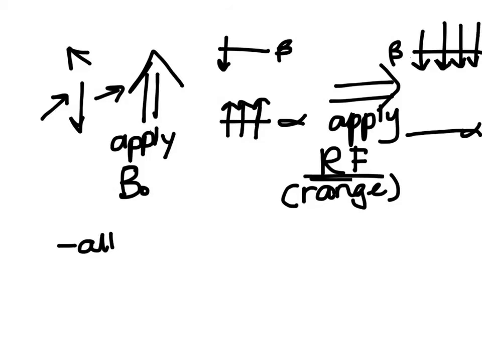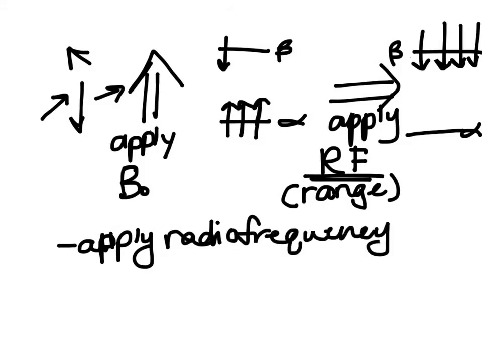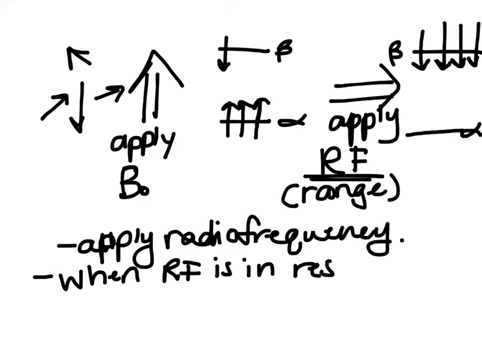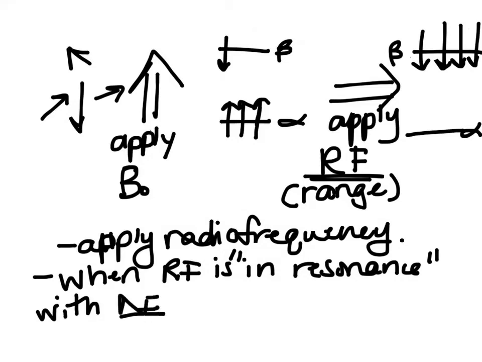Okay, so we apply a radio frequency, and when one of those radio frequencies is in resonance with that energy gap between the alpha and the beta states, all the alpha states become betas.